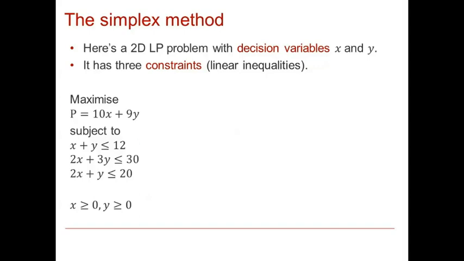So here's a 2D linear programming problem with decision variables x and y and 3 constraints. So we want to maximize profit P. P is 10x plus 9y, and this is called the objective function.